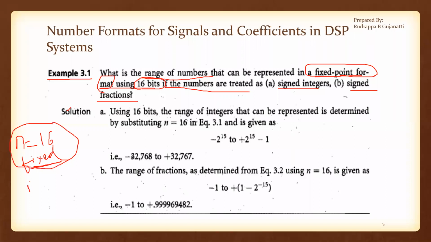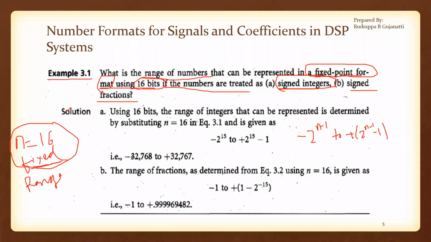Now I want to know what is the range for signed integers. Previously we saw that for signed integers, the range is minus 2 raised to n minus 1 to plus 2 raised to n minus 1 minus 1.